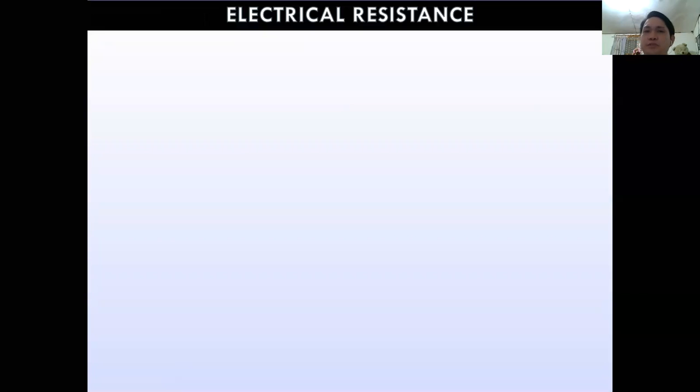So now let's proceed to electrical resistance. What is electrical resistance? Based on the pictures that you have just observed, how can you now describe electrical resistance? How do you define it?